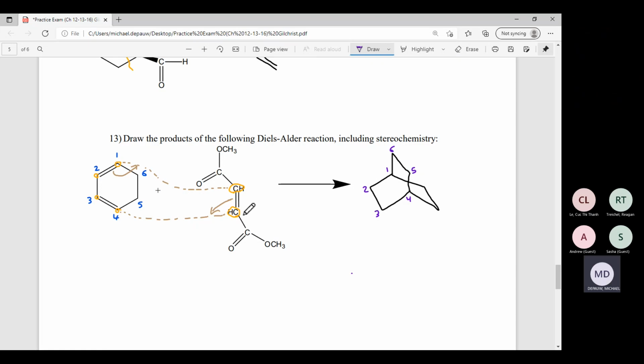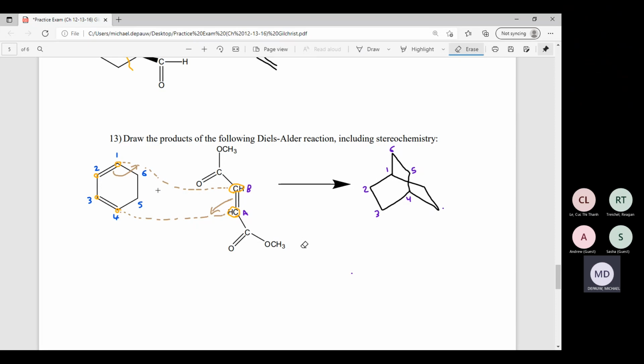And I'm going to call this A and B. A and B are actually over here. Okay, I'm just going to go ahead and erase A and B.